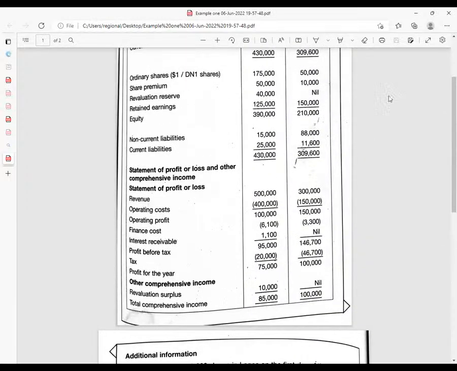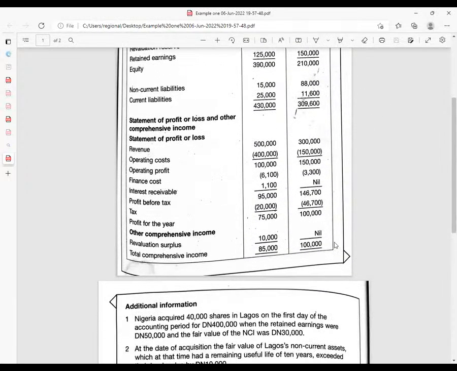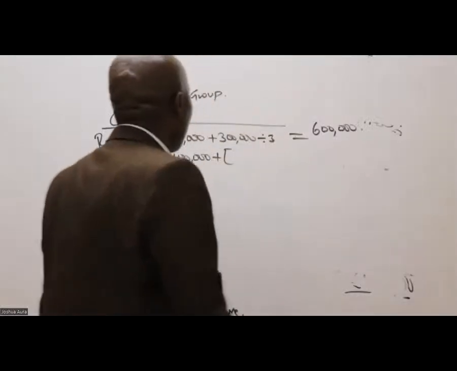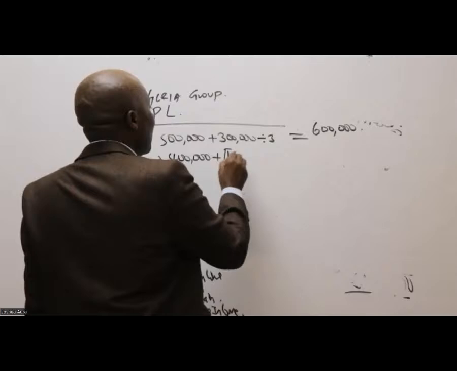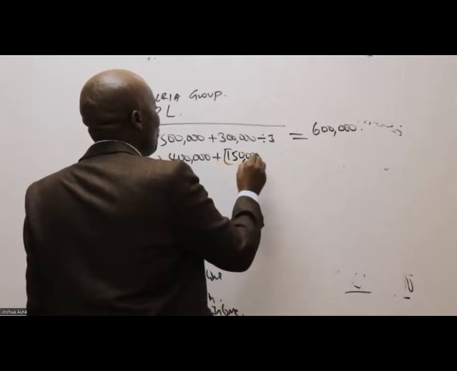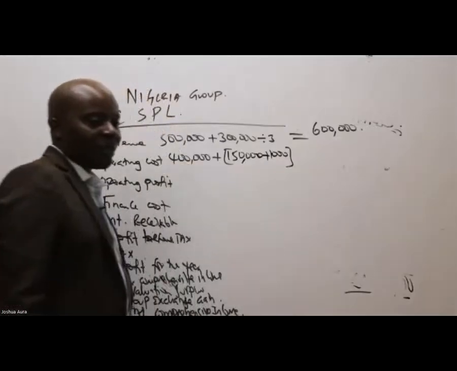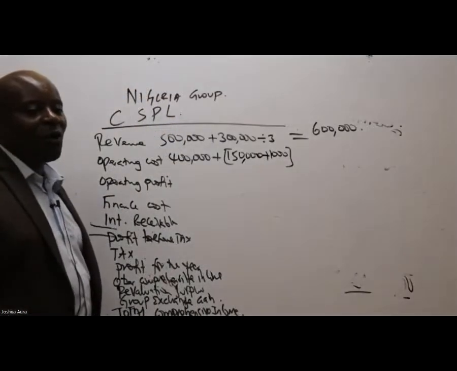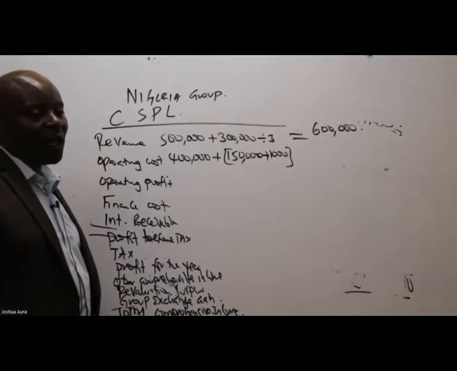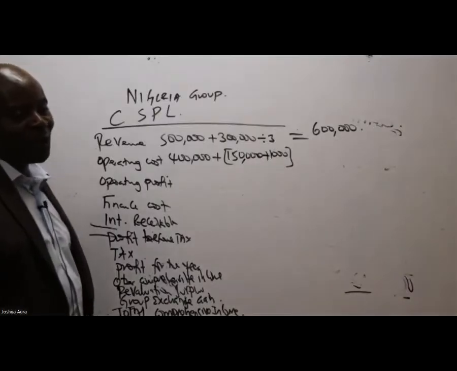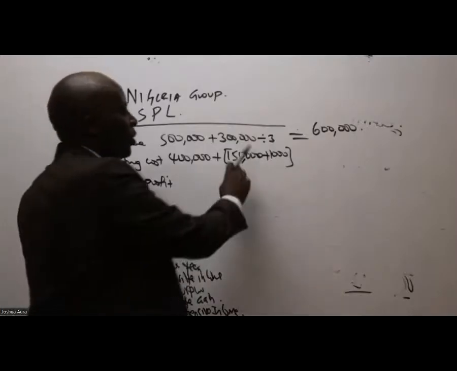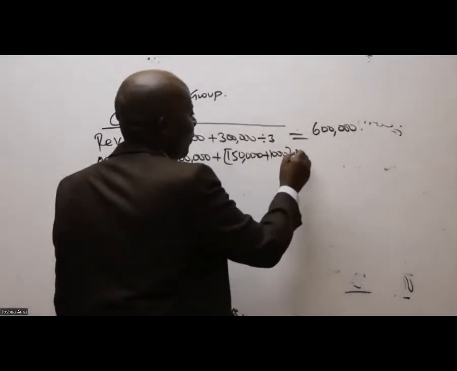Operating cost of the subsidiary, you can see it's 150,000 DNs. But remember, there is another operational cost that so many people will forget. There was an additional depreciation which came because of your fair value adjustment. That automatically will go to the operations. So these two are in DNs.